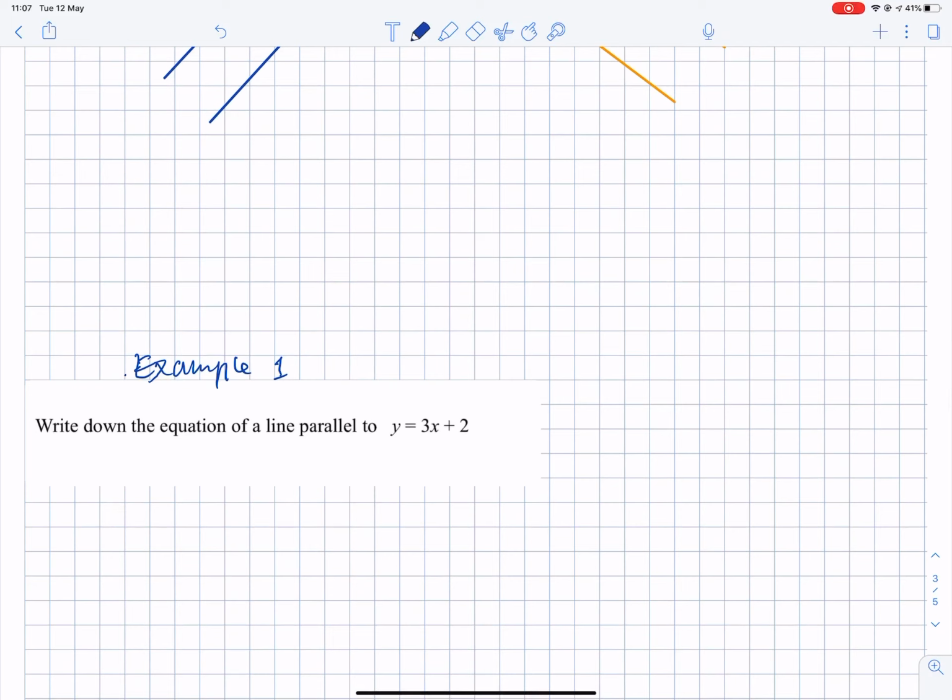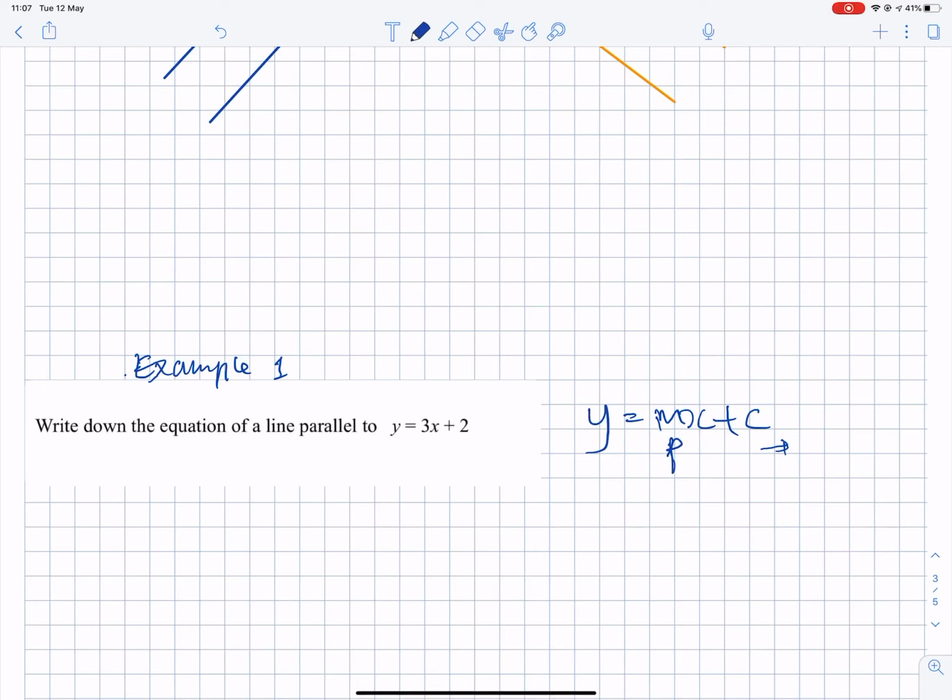If you remember, from my previous sessions, we define a straight line as y equals mx plus c, where m is the gradient. So when you have parallel lines, m must always be the same, whereas c can be different.